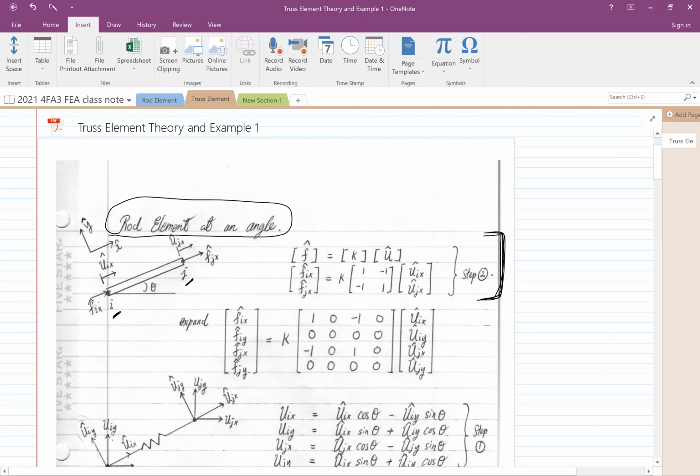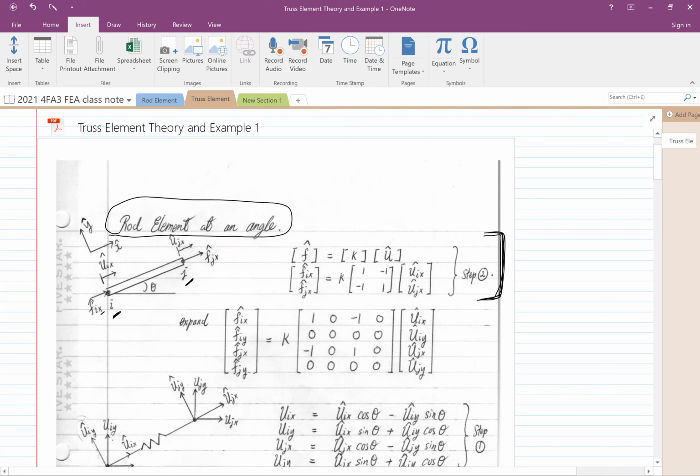As a result of the force, we have two displacements as well, UIX and UJX. Nothing fancy, same as what we had before, but we added X at the end.